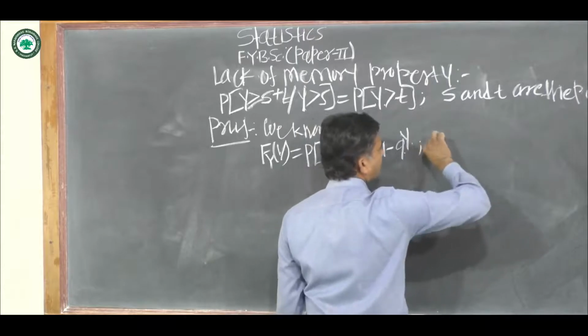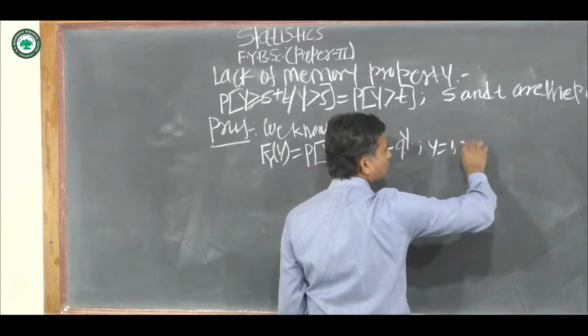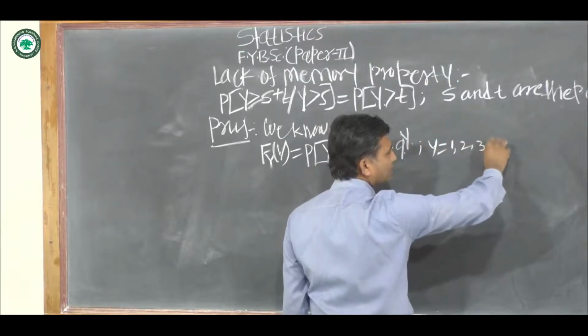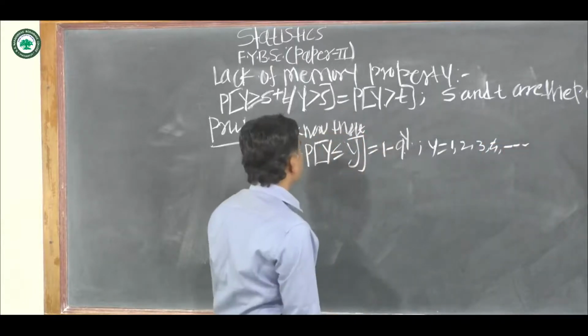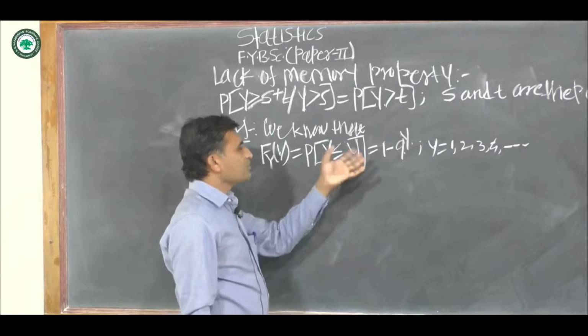Here the values are 1, 2, 3, 4, and so on, okay. This is the distribution function of geometric distribution.